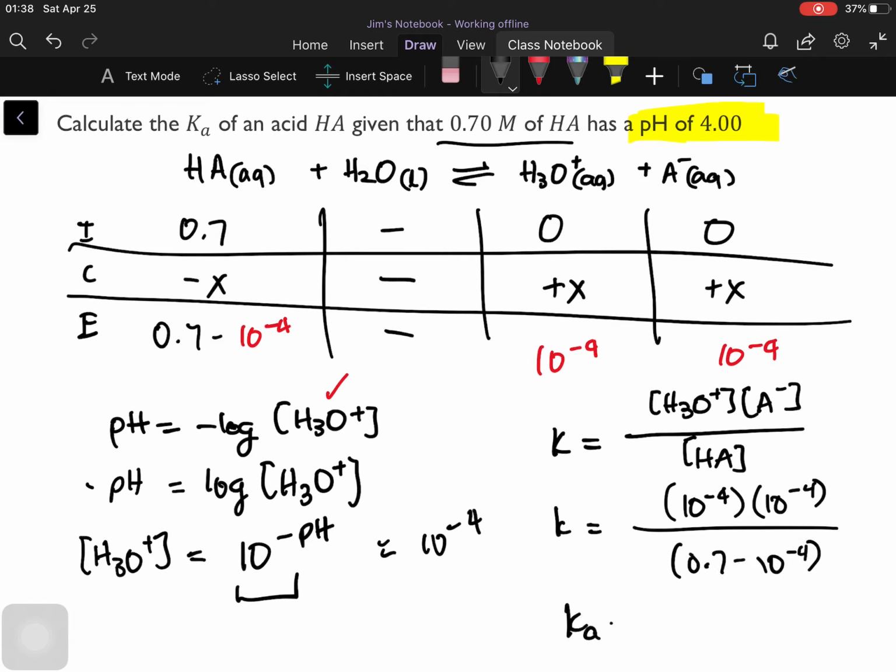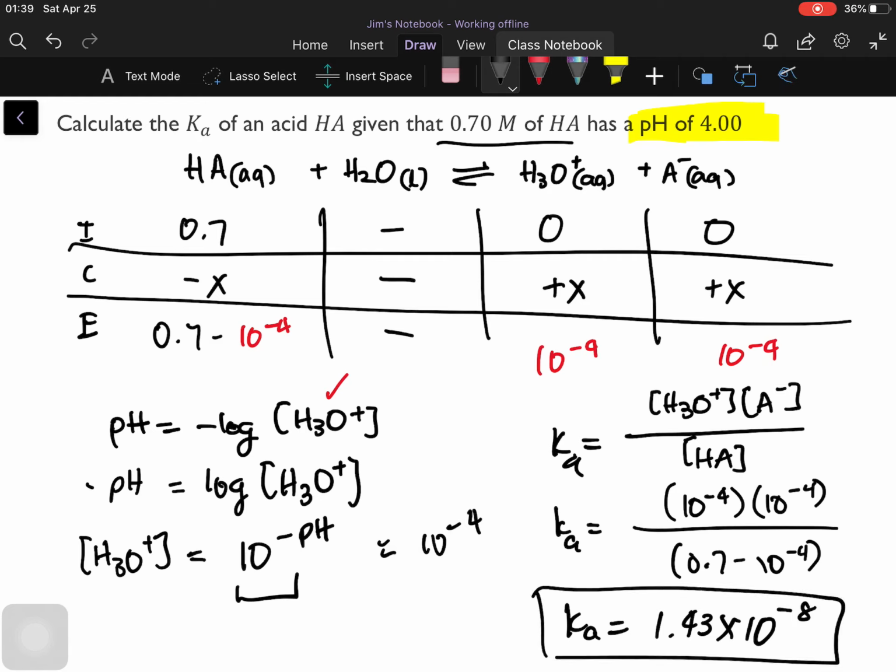So Ka for this problem is 10 raised to negative 4 times 10 raised to negative 4 over 0.7 minus 10 raised to negative 4. The value of Ka is 1.43 times 10 raised to negative 8.